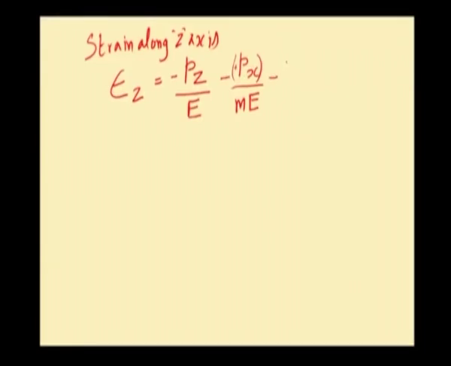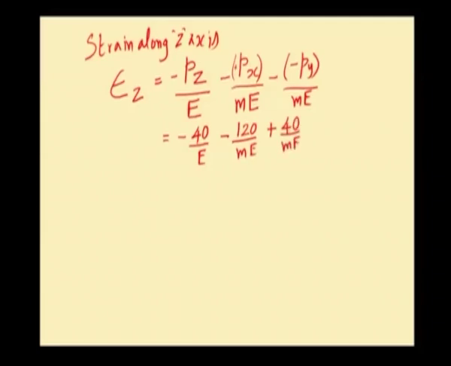P y is compressive in nature, so we will be having negative sign, P y by mE. So, we will be having P z is 40 Newton per mm square. So, minus 40 by E minus 120 by mE plus 40 by mE, which will be equal to minus 40 by E minus 80 by mE. So, epsilon y and epsilon z, strain acting along y and z axis are same.